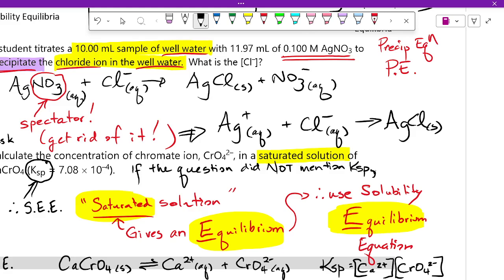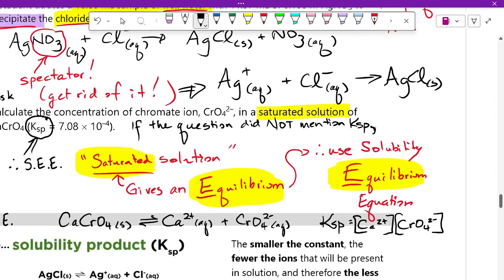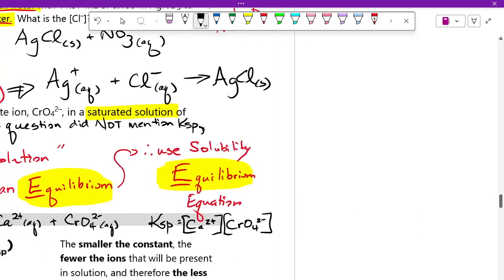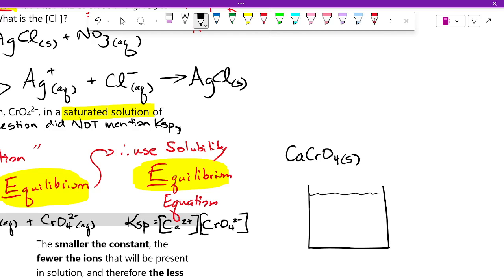Now here's a quick question for you. If we have a saturated solution of this calcium chromate, what that means is that we took some calcium chromate, we dumped it into solution, and then we stirred it around. Yeah? So what we did is we took some CaCrO4 solid, and we dumped it into solution and we stirred it around.